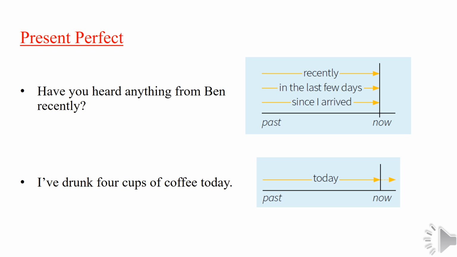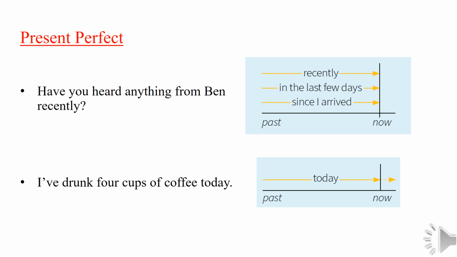There are different adverbs which are used with the present perfect. Examples of them are recently, in the last few days, or since I arrived here, as represented within the timeline chart.